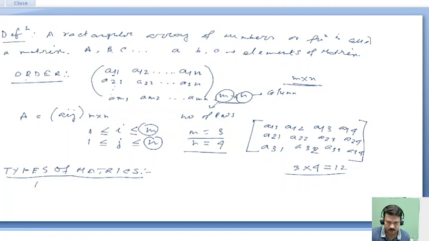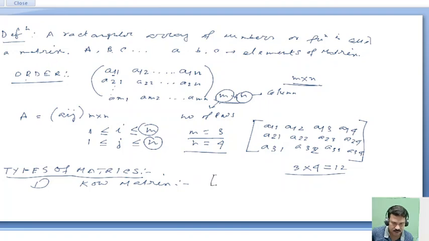Number 1 is row matrix. As in the name, we know that only one row is present.